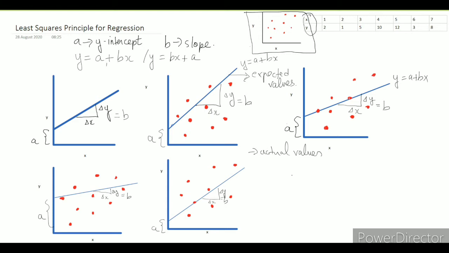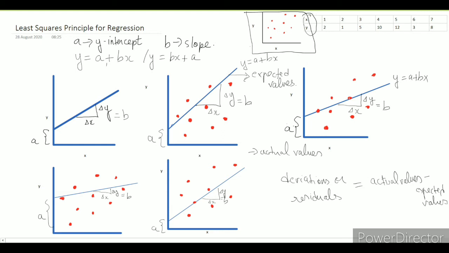Here we introduce another concept, which is called deviations or residuals. Deviations or residuals are nothing but the difference between the actual values minus the expected values.